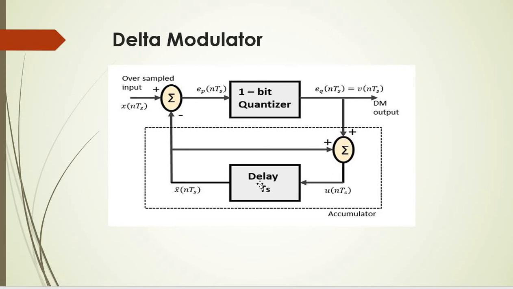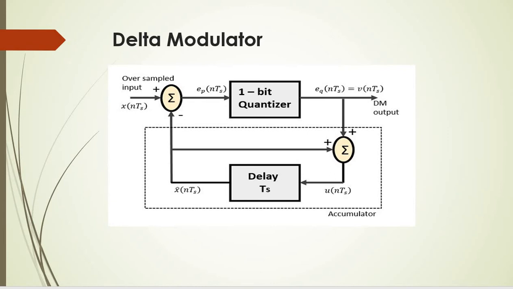After producing a delay of Ts duration, the signal is fed back to the summer amplifier. On addition of these two signals, we obtain a stair-step waveform of the input itself, but with a delay. So in this circuit, we are comparing the present input value and a delayed version of the input.